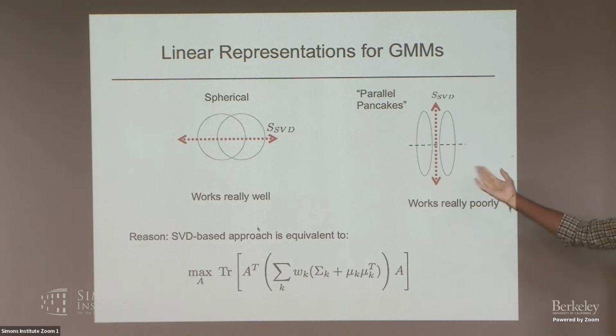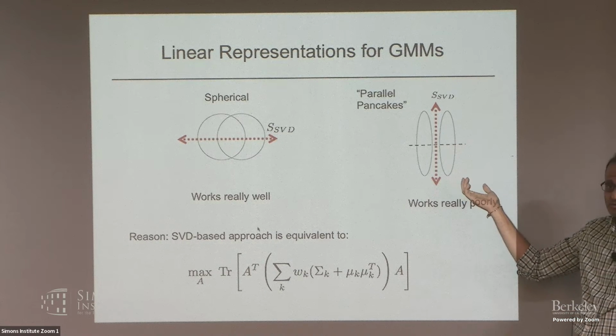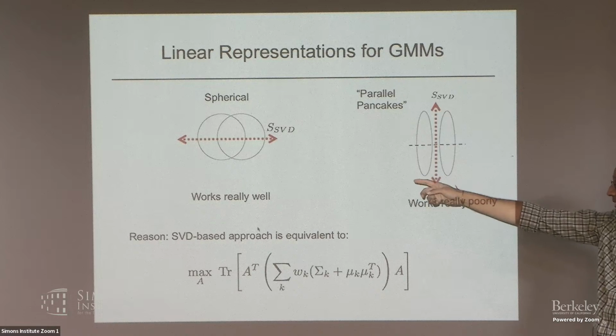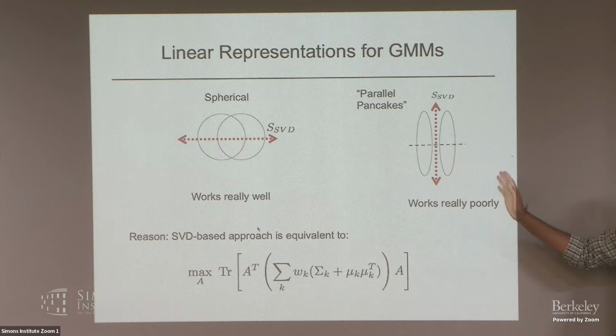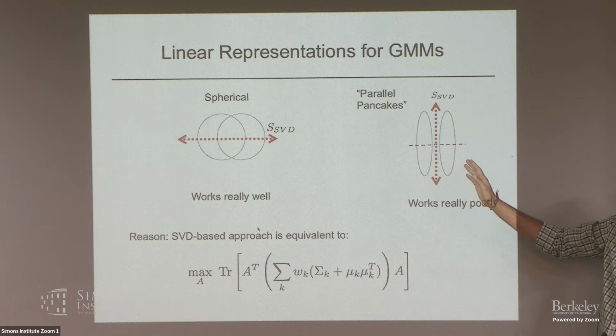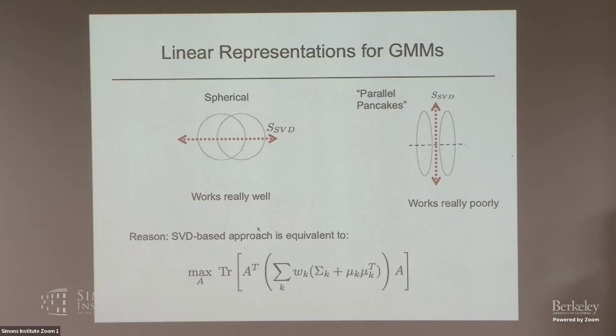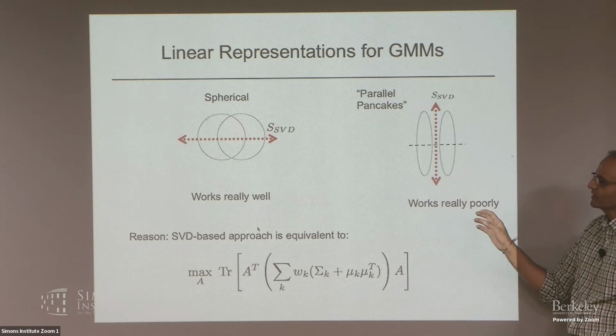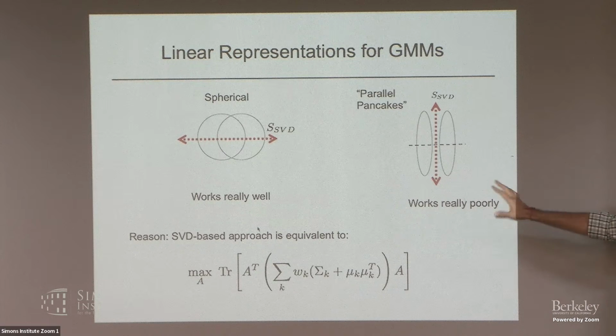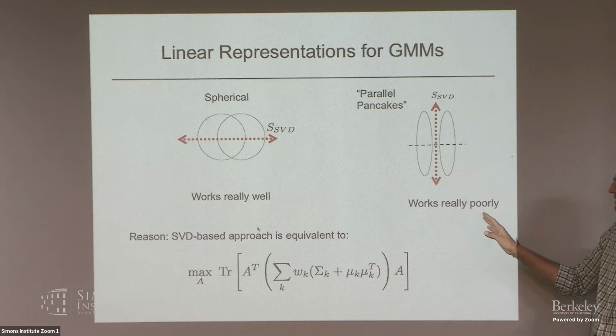These are visually pretty well separated Gaussians, maybe even better separated than those Gaussians. But when you do an SVD-based projection, you actually screw it up, because the SVD learns the subspace of the shared covariance. So the moment you go out of spherical to even shared covariance matrices, you have these issues, and SVD-based methods work really poorly.